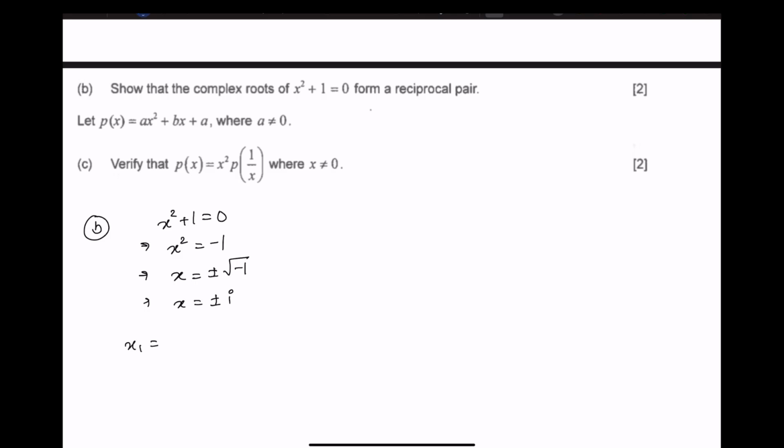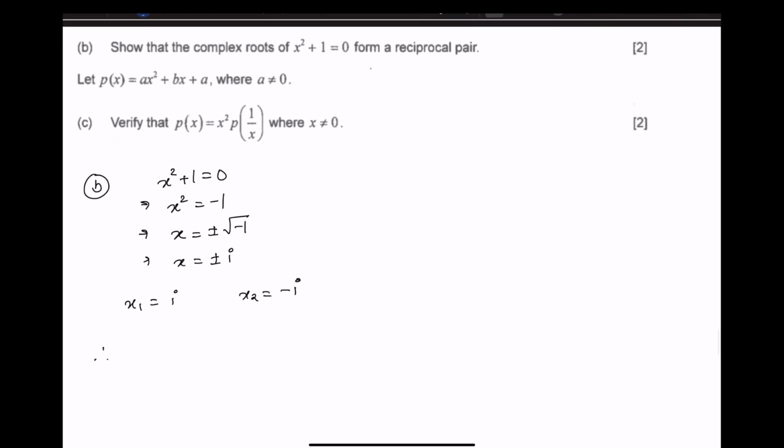So the first root is i, second root is minus i. If I multiply the roots together, x1 times x2, this will be i times negative i, which is minus i squared. i squared is equal to minus 1, so minus times minus 1 is equal to 1. Therefore, the roots form a reciprocal pair.